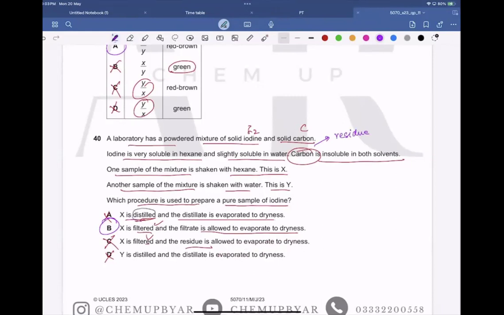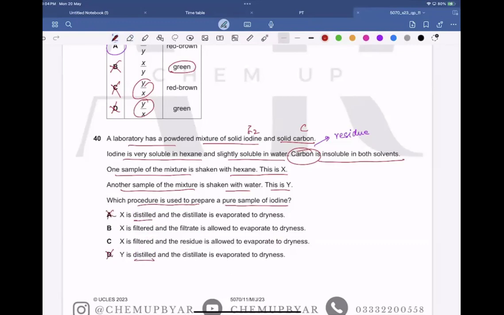So distillation doesn't make any sense. That's why I marked A and D wrong. Is this clear? I cannot distill it. Distillation is always done when both the things get dissolved, because they are saying carbon is insoluble. So that's why I need to filter it out. I don't need to distill it. See, that's why A and D go wrong. Is this clear to all of you?